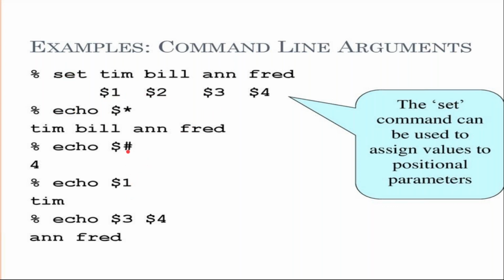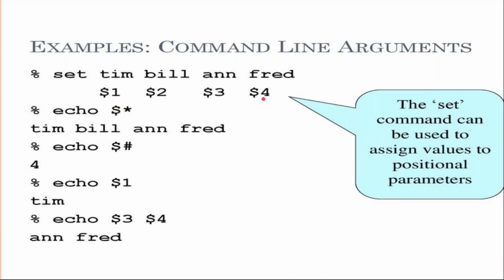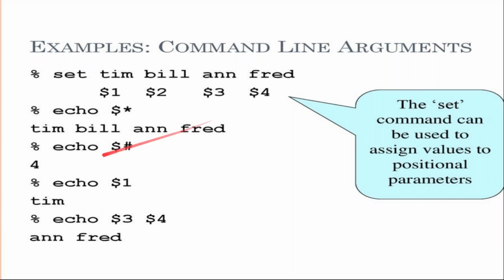The count, $#, and asterisk, $*, will give me all the command arguments with their values. If I go explicitly for position 1, it will return the first parameter. If I go for the third and fourth, similarly up to 9, I can use the positional parameter, and beyond that, we have to use curly braces.